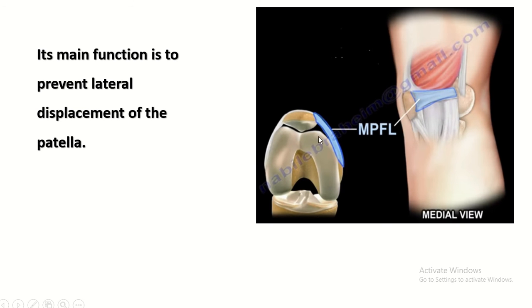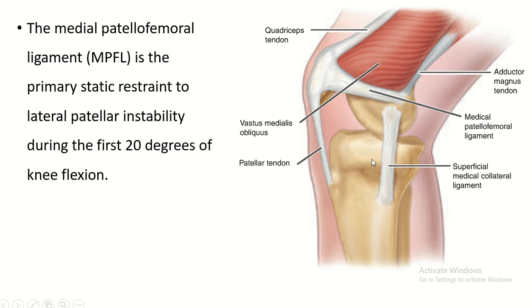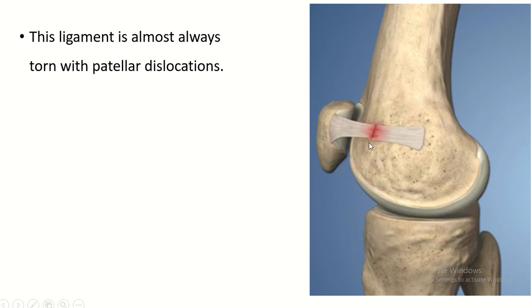The main function is to prevent lateral displacement of the patella, and you see from this view, this is the medial patello-femoral ligament. The medial patello-femoral ligament is primarily the static resistance to lateral patellar instability during the first 20 degrees of knee flexion, and this ligament is almost always torn with patellar dislocation.